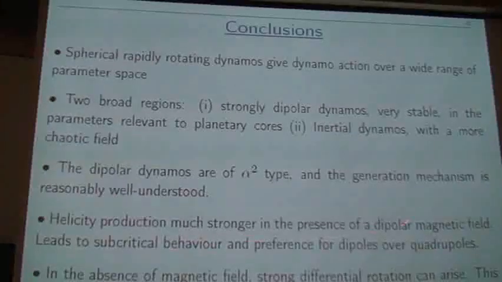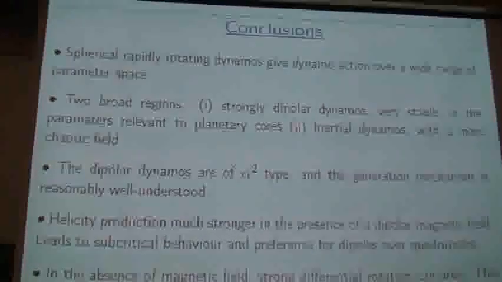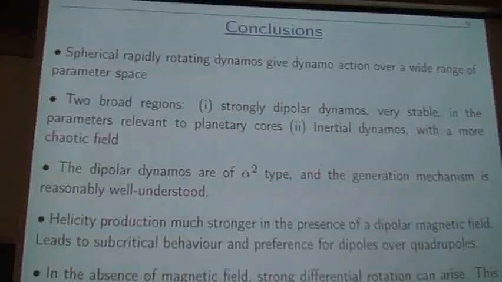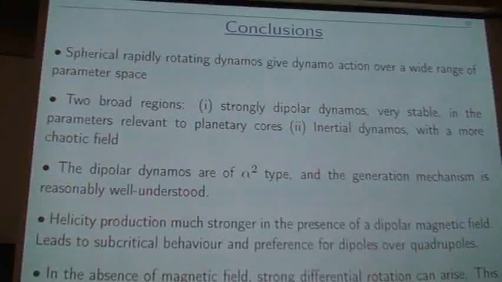Oh, I should say, a lot of this is not me. I want to make that clear. The mechanism was sorted out, I think, primarily by Peter Olson, but also with Uli Christensen's help. I had a bit to do with this, but other people have also had a lot to do with it too. Helicity production is stronger in the case of magnetic field.